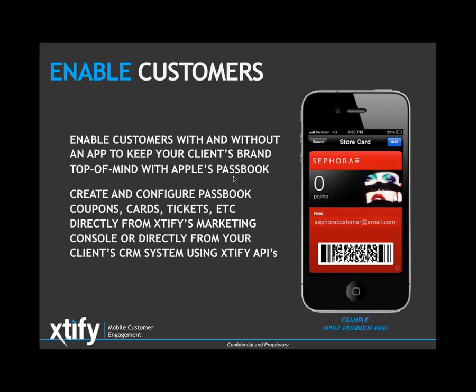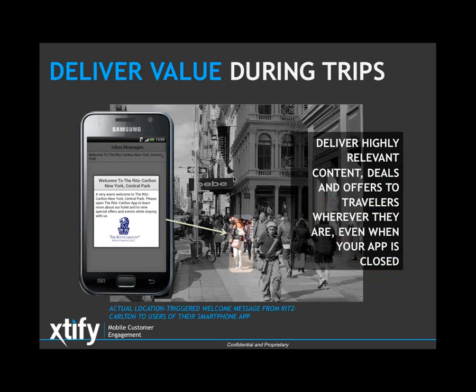Like Freddie mentioned before, we have a lot of customers in the hospitality industry. We have the top 3 major hotel brands that have adopted Xtify's SDKs and console to drive location-relevant content.